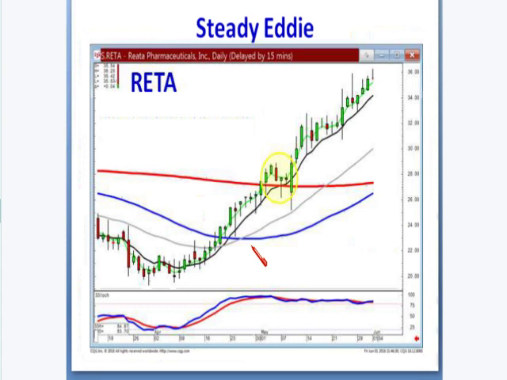Now, when it does become relevant, let's say you saw a doji down here in the oversold area and it had a big, huge volume spike. What can we assume from that? That there's been a big change of ownership. That's usually the smart money buying from the panic sellers.